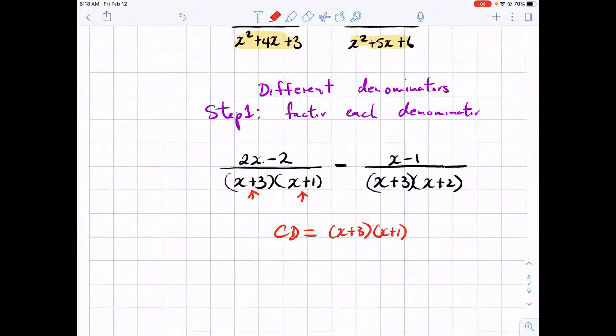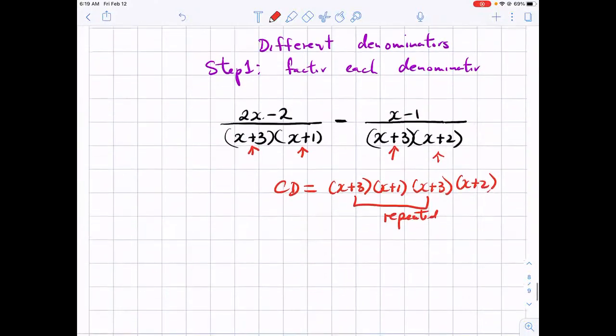There's nothing else there, so we move to the next one, x plus 3. But notice we already have x plus 3, so there is no need to write it again. And then we have an x plus 2. Since x plus 3 is repeated, we only write it once.